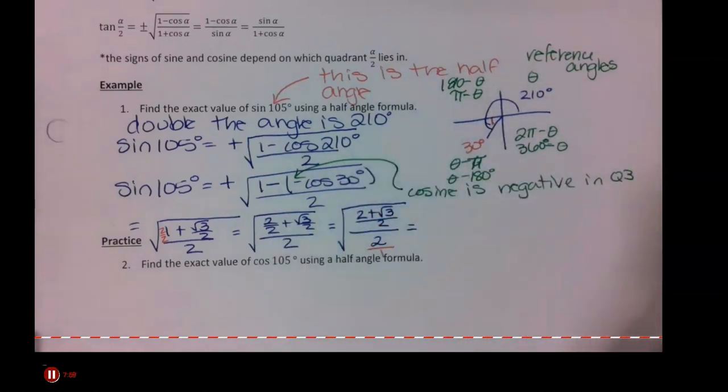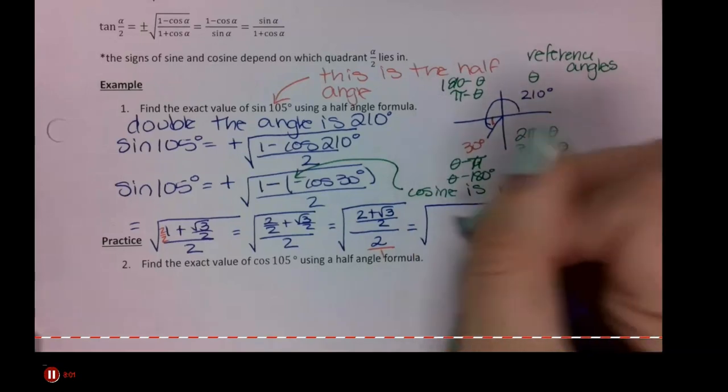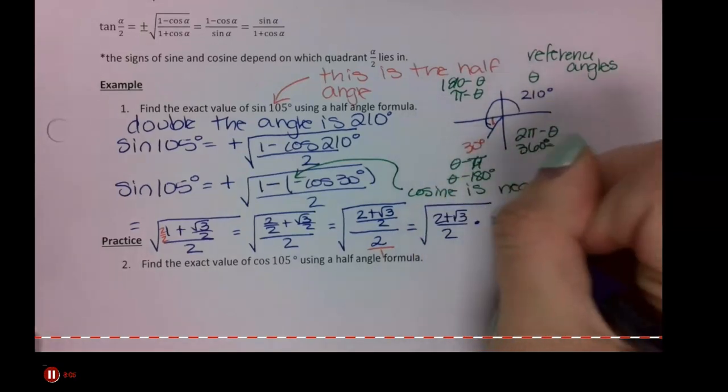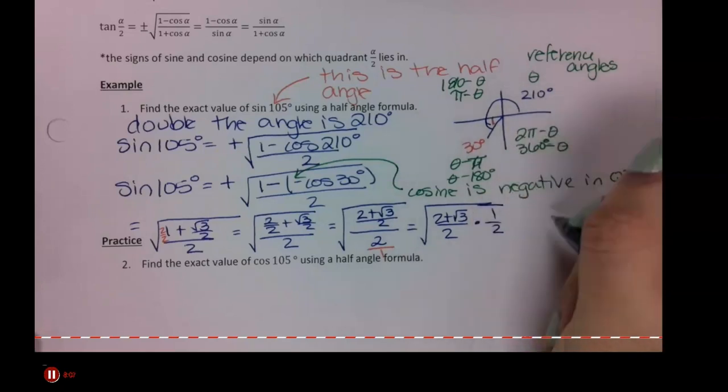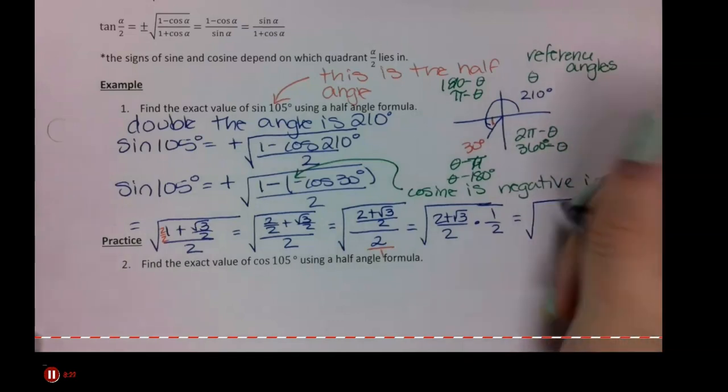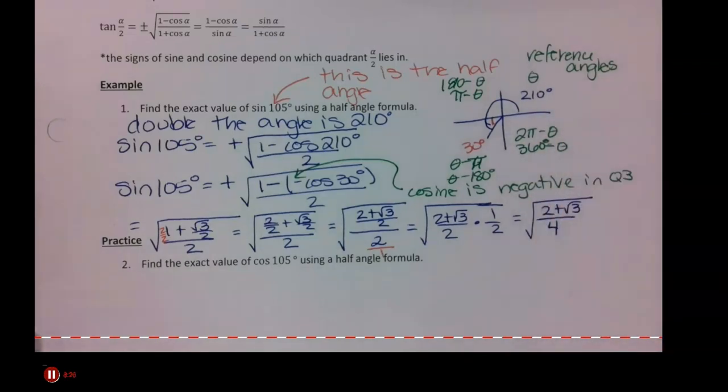It's over a secret 1. So really I'm doing 2 plus the square root of 3 over 2 times 1/2. Okay. Then that's going to give me 2 plus the square root of 3 on the numerator over 4.